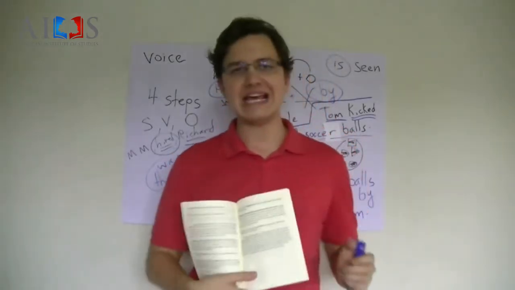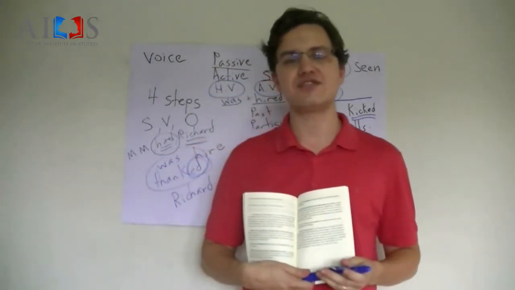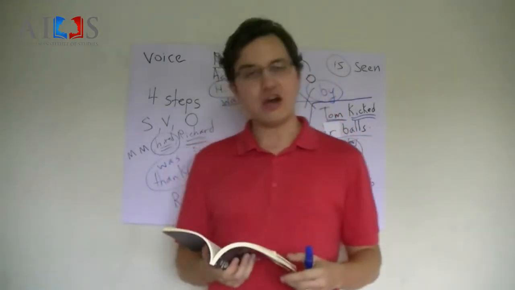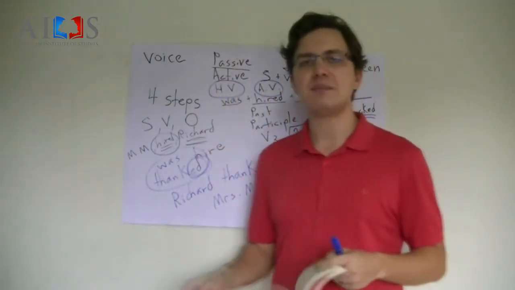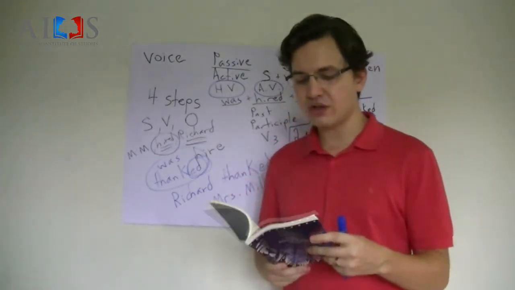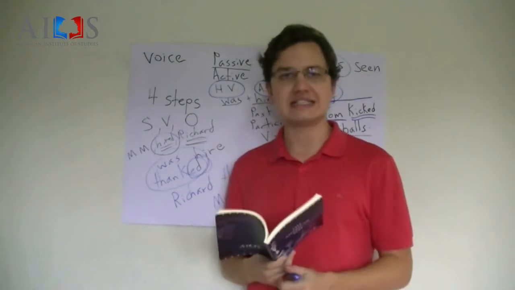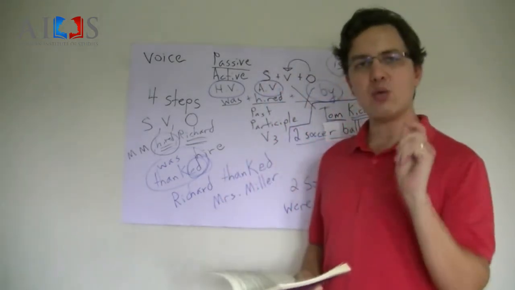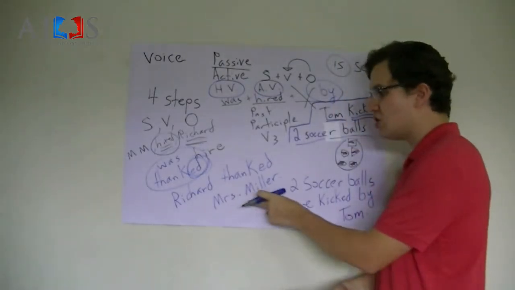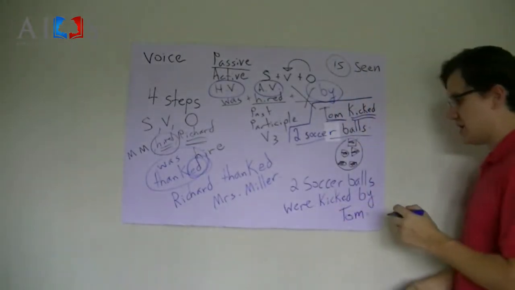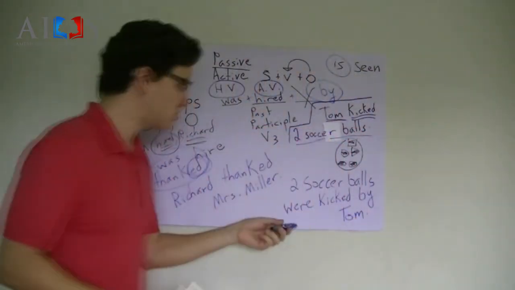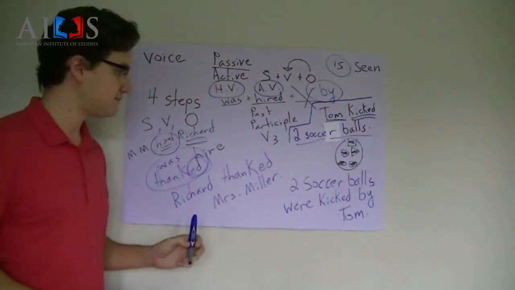Now on page 118, I list reasons for using the passive voice. There are maybe more reasons than this, but these are the most common. When it is not important to know who or what does an action. Remember that with a passive sentence, you don't have to include who is doing the action. So for this example, 2 soccer balls were kicked by Tom.